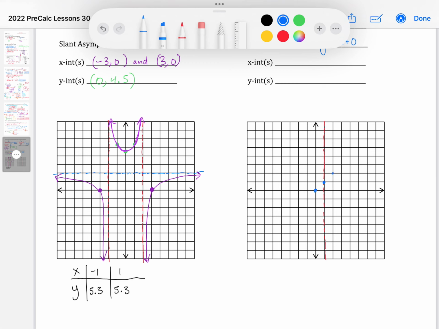So it's going to go through 0, 0, then it's going to go up 1 over 1. That's just the line y equals x. I know I'm putting a lot of dots, but I want to make sure I graph this accurately.